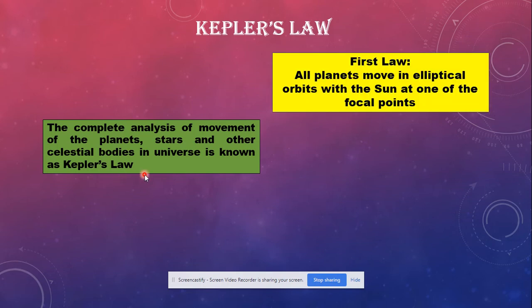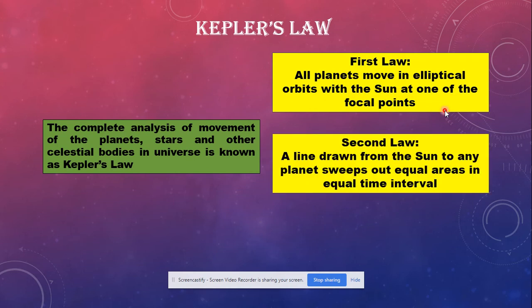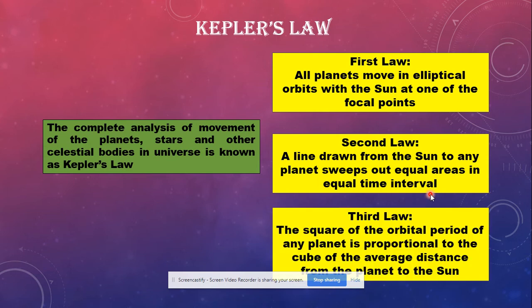The first law states that all planets move in elliptical orbits with the sun at one of the focal points. The second law states that a line drawn from the sun to any planet sweeps out equal area in equal time intervals. And the third law is that the square of the orbital period of any planet is proportional to the cube of the average distance from the planet to the sun.